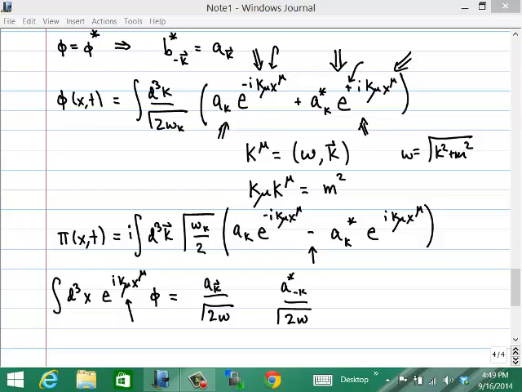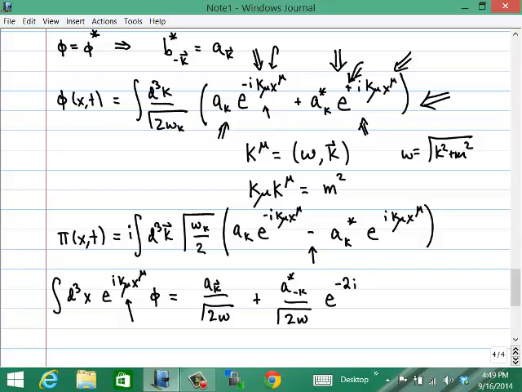So that integral dx picks out the term in this expression here, and in this expression here, that goes like e to the I kx. So these guys have opposite sign. So it picks out an a star of minus k, and because of that opposite sign right there, you have an e to the minus 2i omega t.